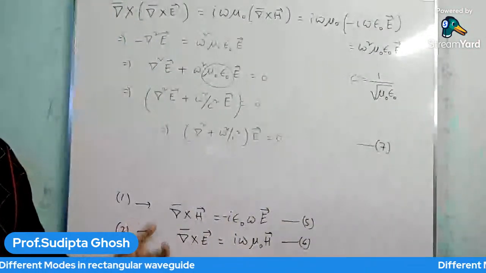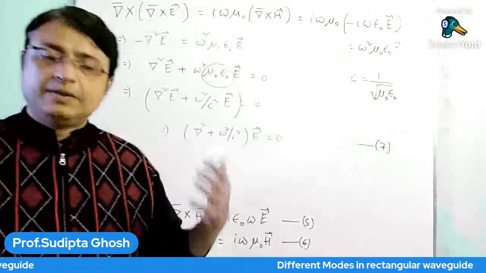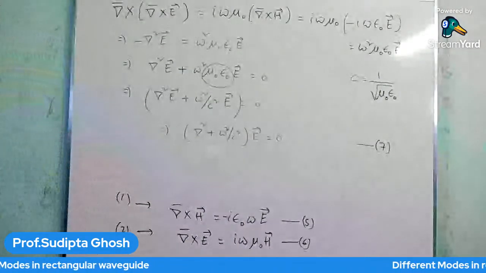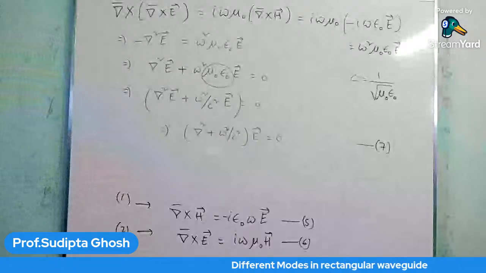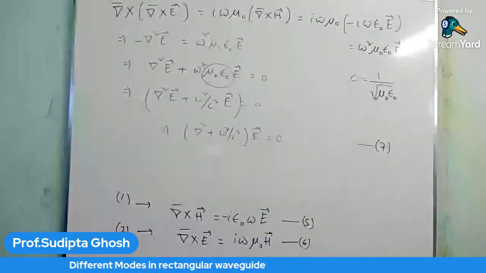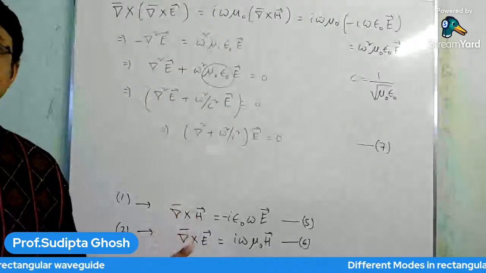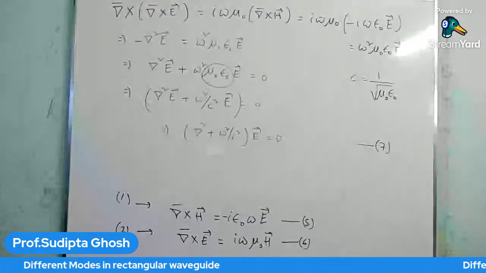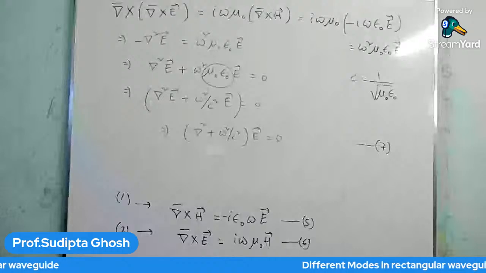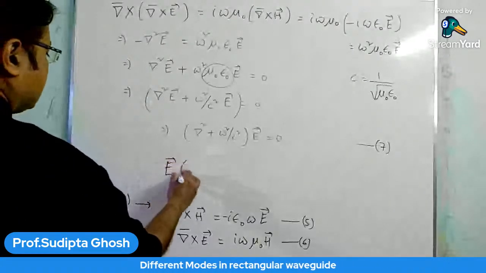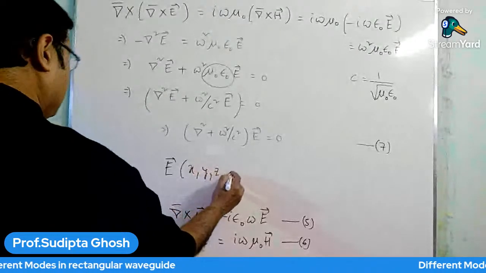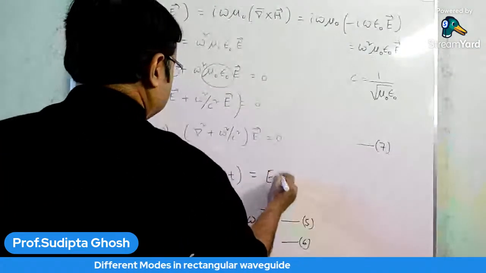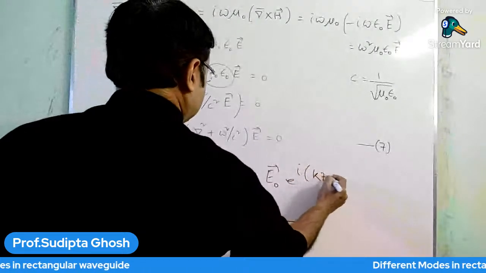So we get a solution of the form capital E as a function of x, y, z and t, of the form E0 e to the power I kz minus omega t.